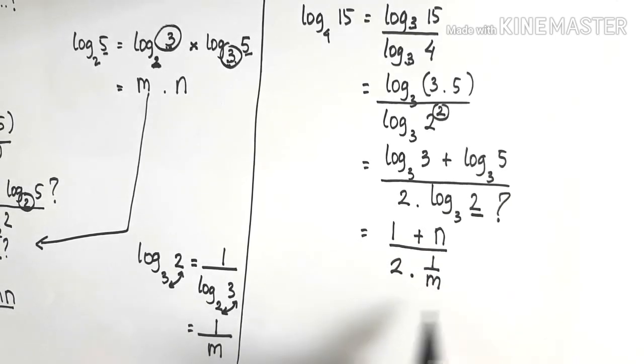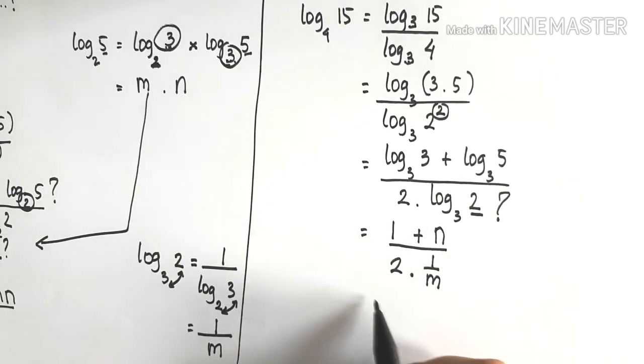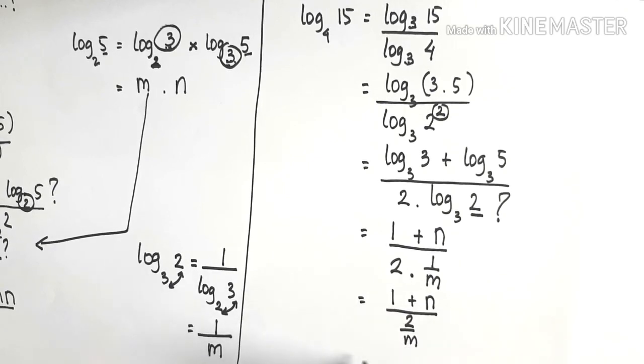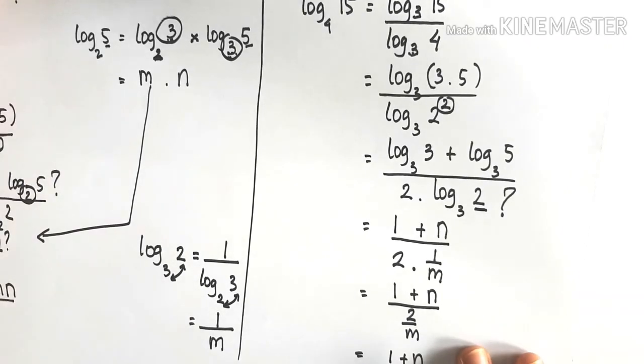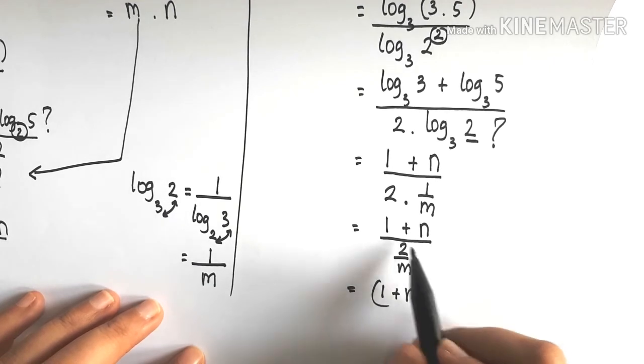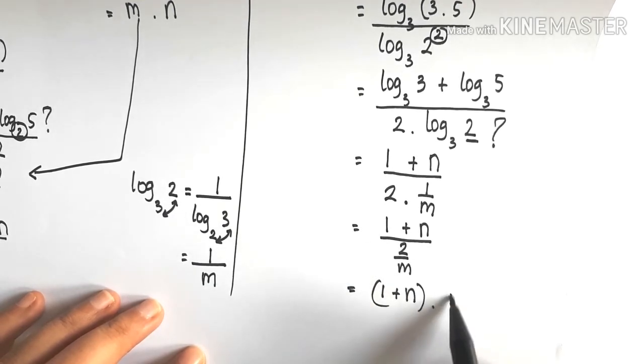And then we can simplify the fraction: (1 plus n) over (2 over m). Then 1 plus n times m over 2.